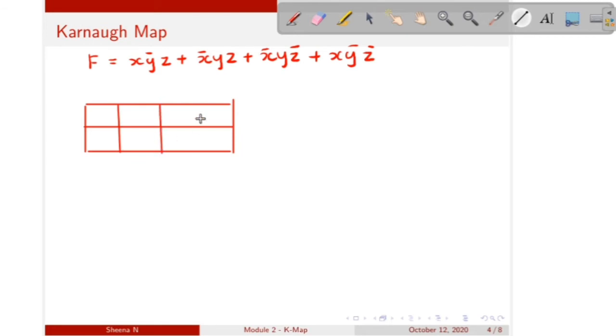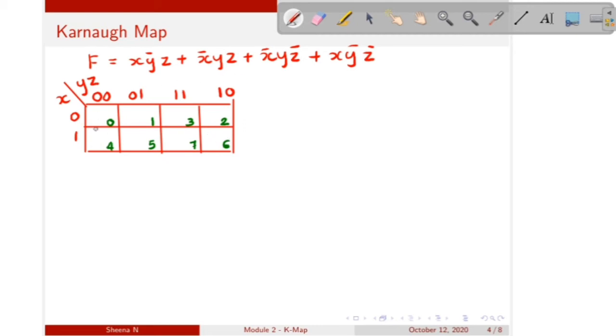K map with 8 squares, and here we write x and here it is yz. So x can have value 0 1, yz can have value 0 0, 0 1, 1 1, 1 0. Okay, so this represents the min term 0, this represents min term 1, this is min term 3, 2, 4, 5, 7 and 6.